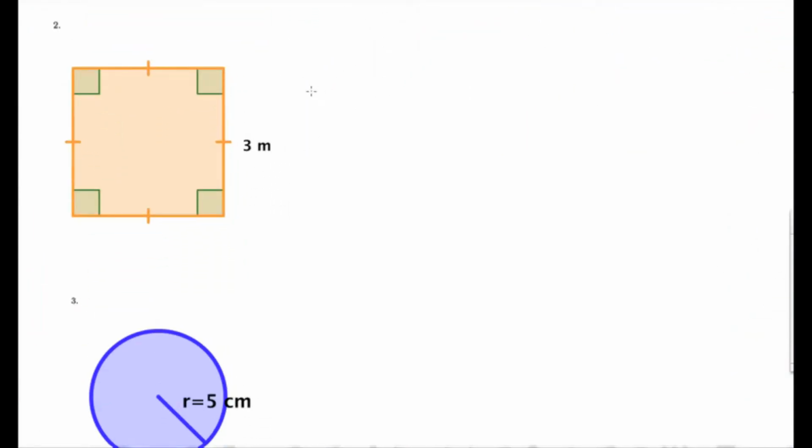So area equals s times s, or s squared. That would be 3 meters squared. 3 squared is 9, and my units are also going to be square units, so meters squared.